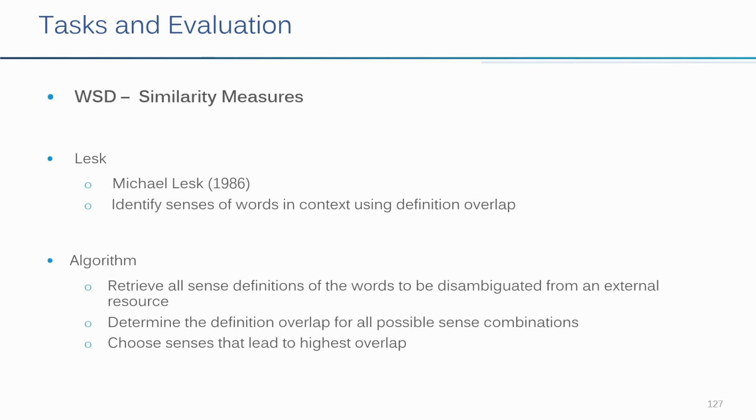So I take a word, for example, in WordNet, and I look at how much the gloss definition of that word overlaps with whatever context I have. And of course, you can build on top of this, applying multi-sense word embeddings, or other approaches on top of this as well.